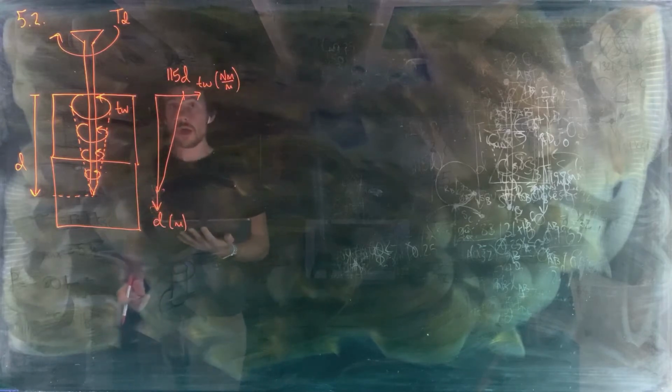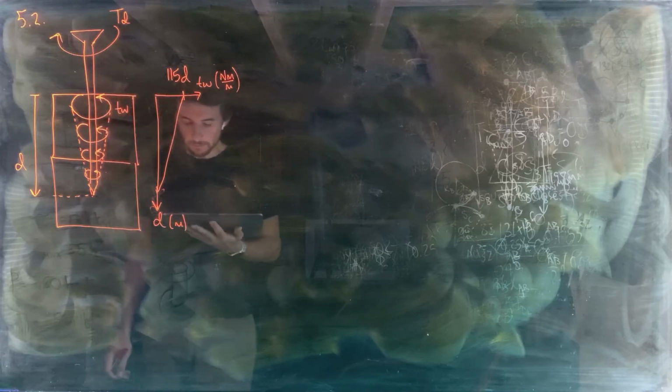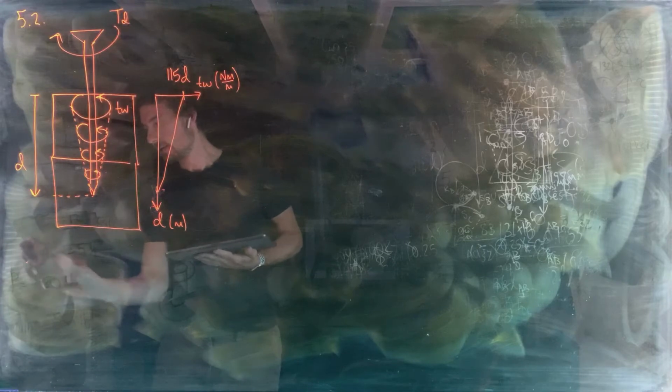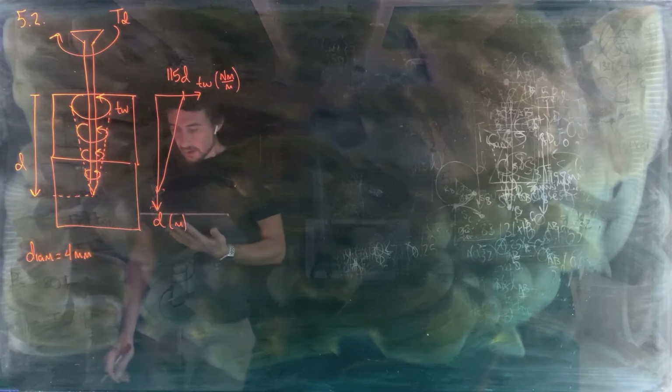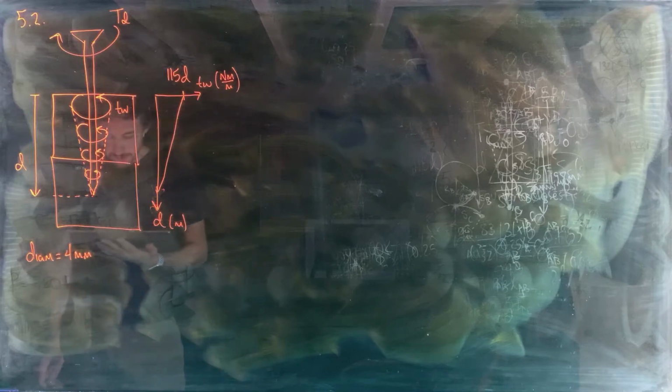Okay, so I'll read some of the actual problem statement now that I've got the important parts of the drawing on the board. A 4 millimeter diameter screw. So we've got a screw that is diameter 4 millimeters with 4.7 threads per centimeter, has a shear yield strength of 180 megapascals.